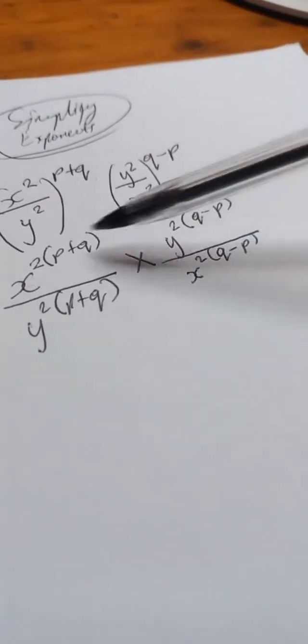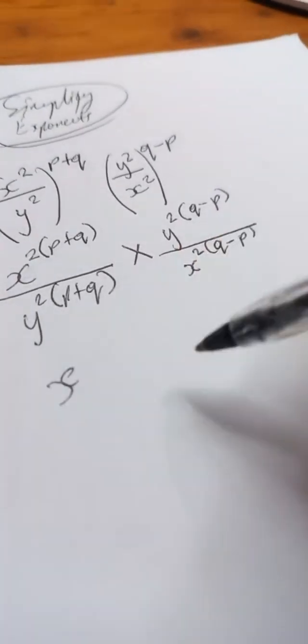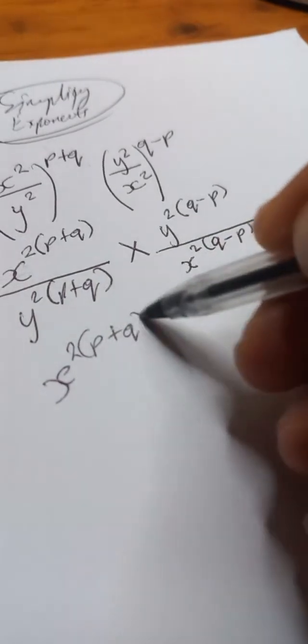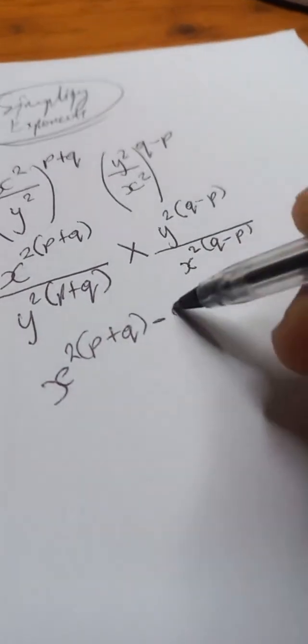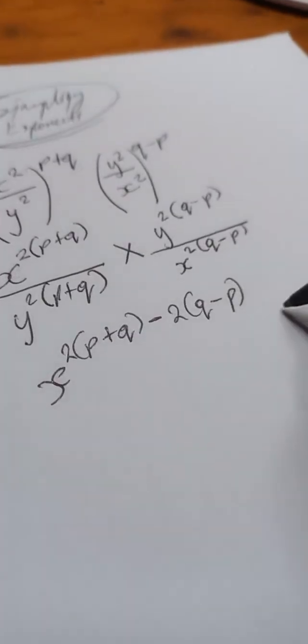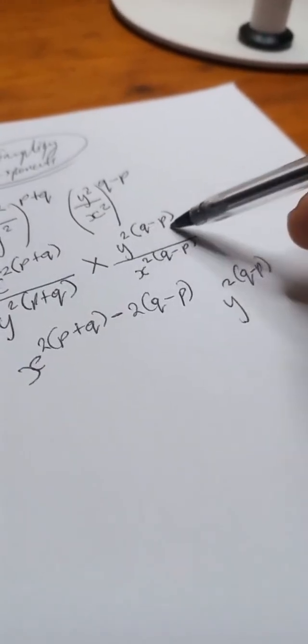So these two exponents are supposed to subtract each other. So it's going to be x to the power of 2 times (P plus Q) minus 2 times (Q minus P), like this. We go for y to the power 2, right? It's going to be 2 times (Q minus P), and then subtract this.